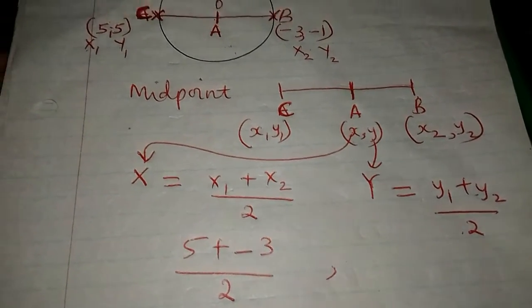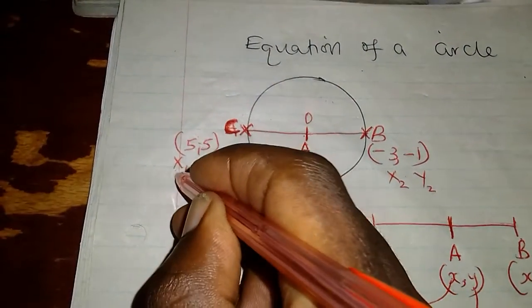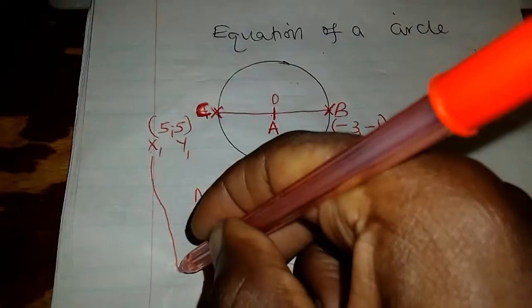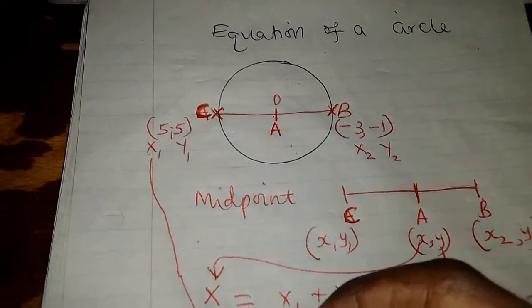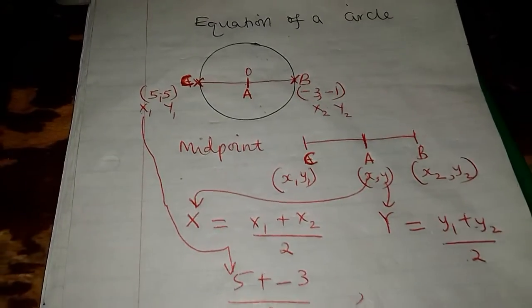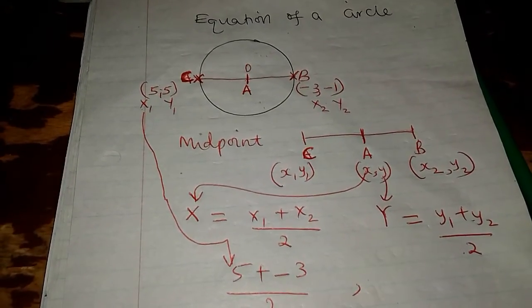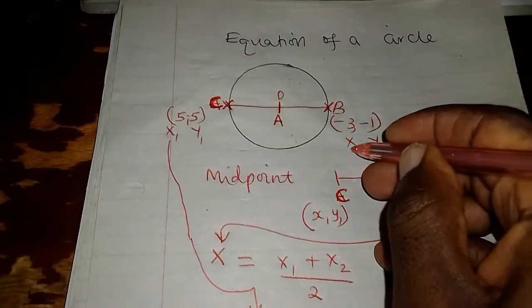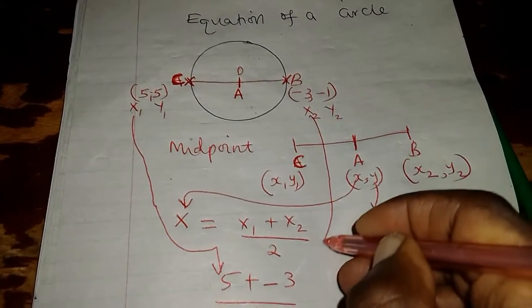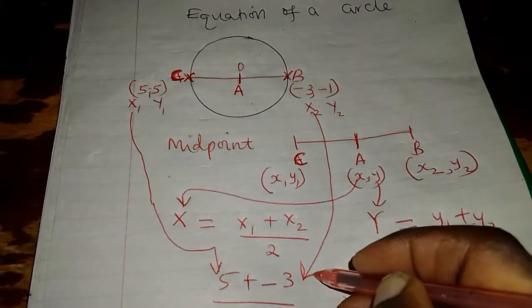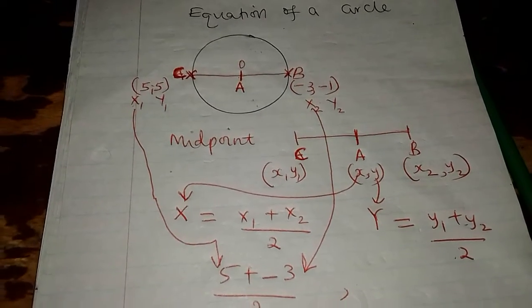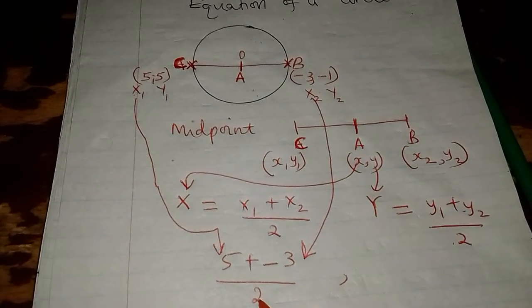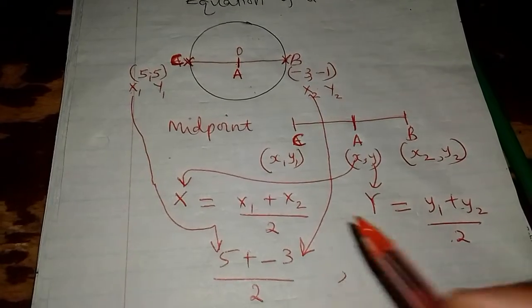So I can even do this. This is the x1, 5. The x2 is here, and I divide by 2. Very good.